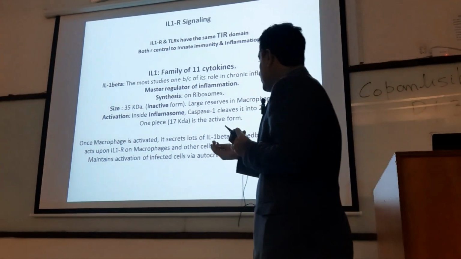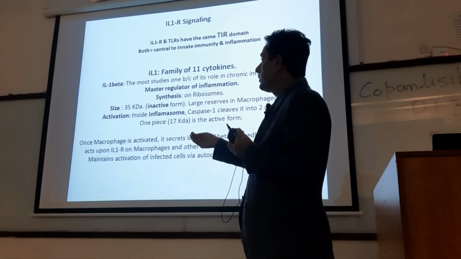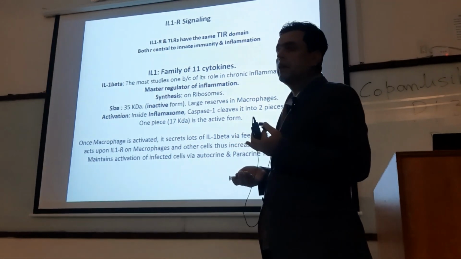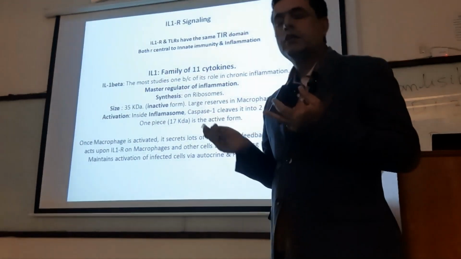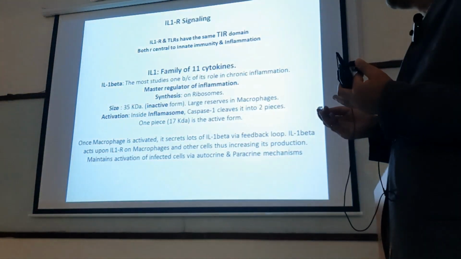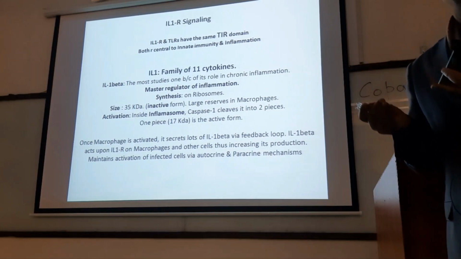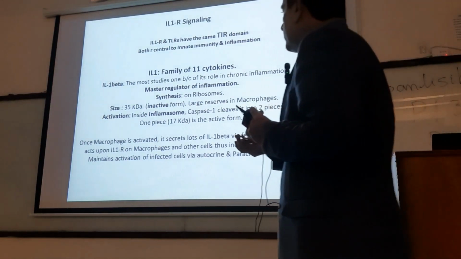That's why it is not possible without the large-scale secretion of interleukin 1 beta. So interleukin 1 beta is already there because it is needed for the macrophage's immediate response in situations when there is some infection or a pathogen comes around it.